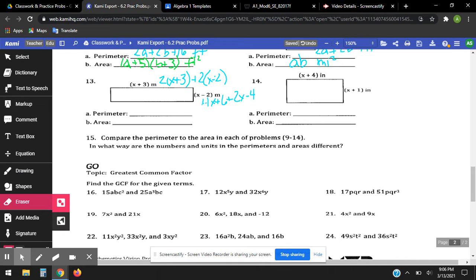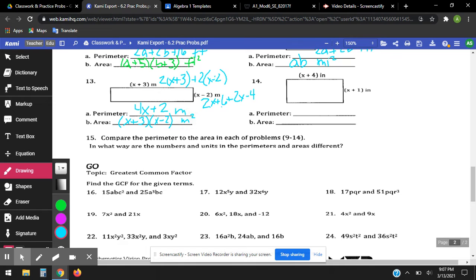That's a 2. I saw the two 2's and I was thinking 4. 2x plus 4x is 6x. Plus 6 minus 4 is a plus 2. And that's meters. Now, if I'm going to multiply them, I'm going to do x plus 3 times x minus 2, and that's meters squared.